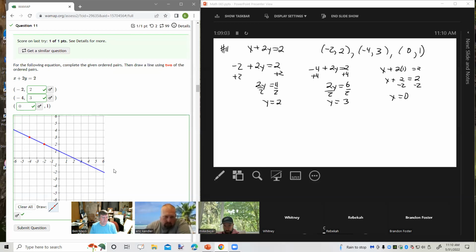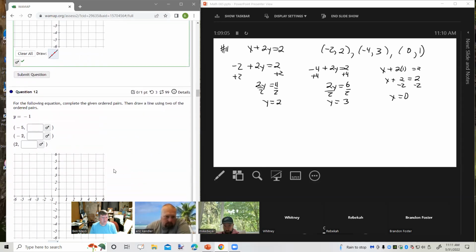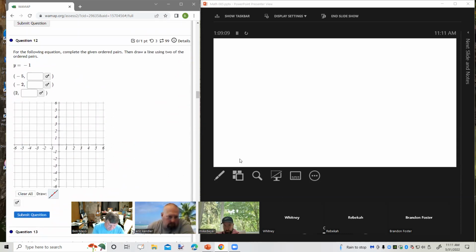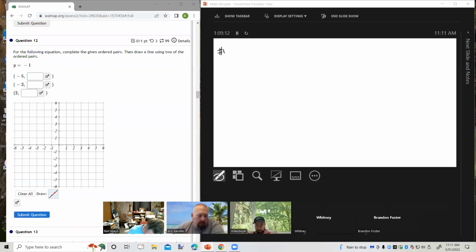All righty. Let's go on to number 12. More of the same thing. We've got y equals -1. Complete the following ordered pairs. Well, if y equals -1, it doesn't matter what x is.